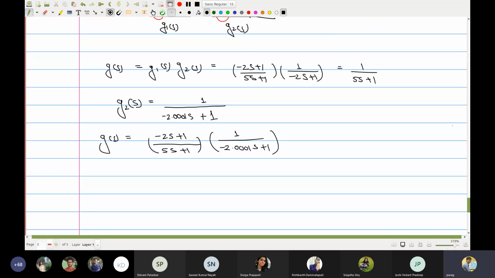Now in this case, the poles and zeros are not cancelling each other completely, right? So let me write down the overall transfer function.